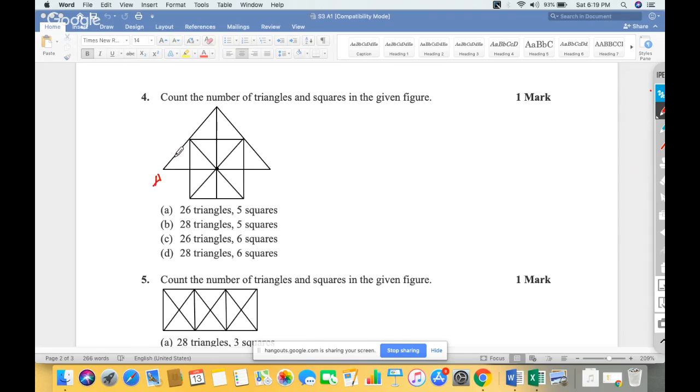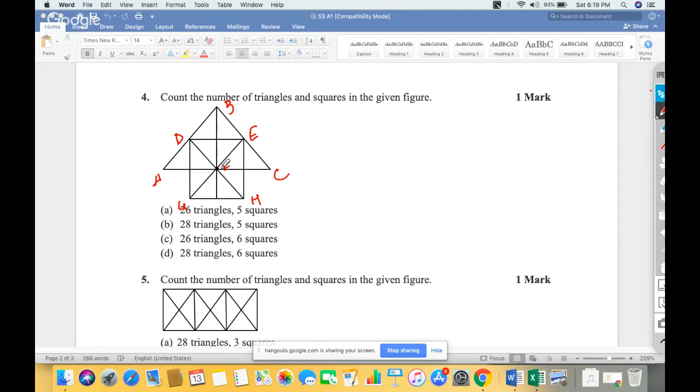Suppose this is A, this is B, this is C, this is D, this is E, this is F, this is G, this is H. So to do this kind of question, you always have to mark the vertices.